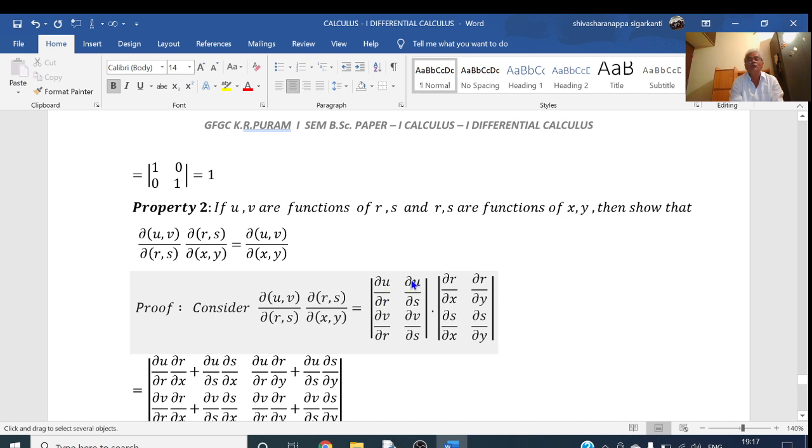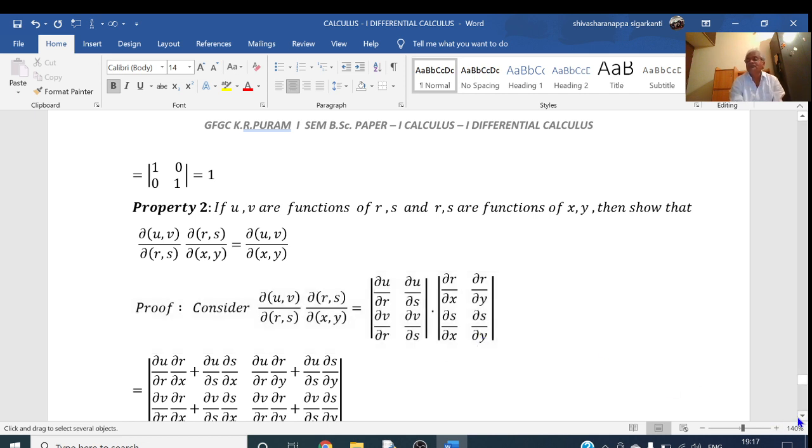That is ∂u/∂r, ∂u/∂s, ∂v/∂r, ∂v/∂s, into, this is the Jacobian, first row partial derivatives of r, second row partial derivatives of s with respect to x and y. That is ∂r/∂x, ∂r/∂y, ∂s/∂x, ∂s/∂y.